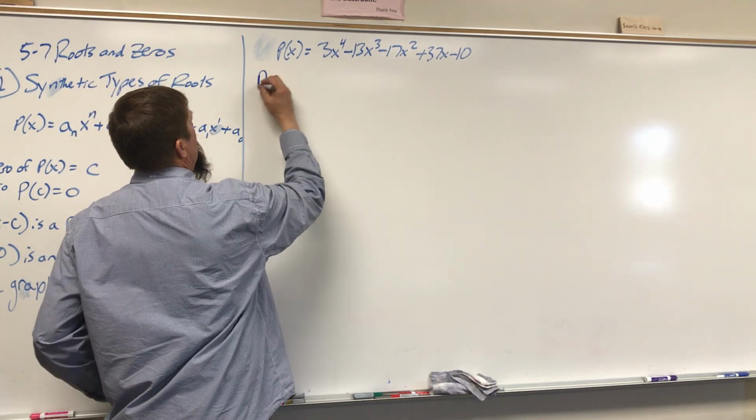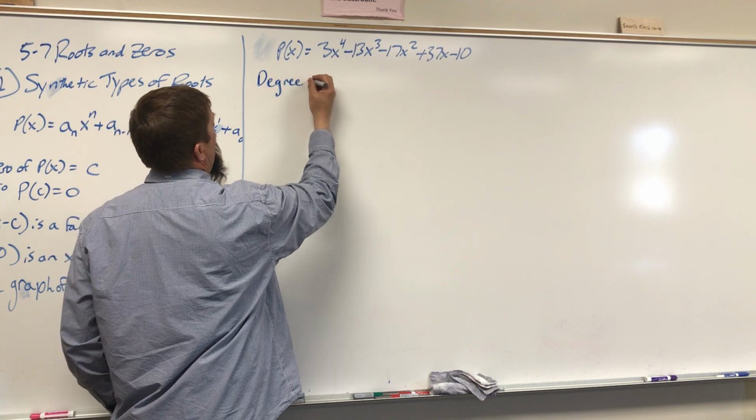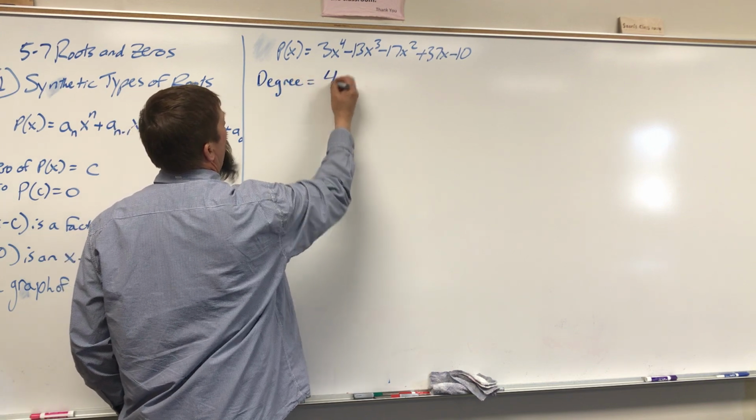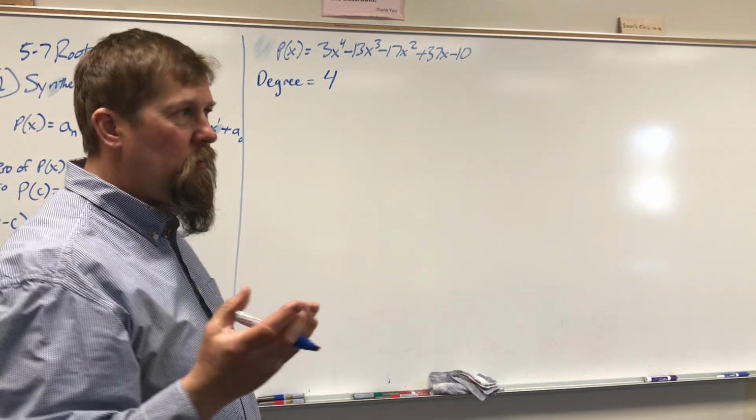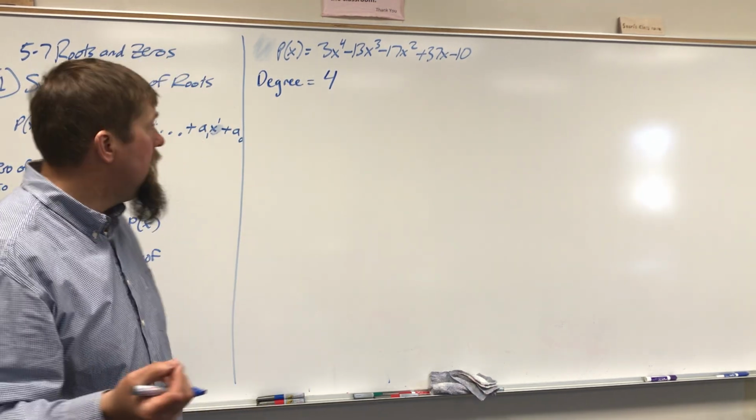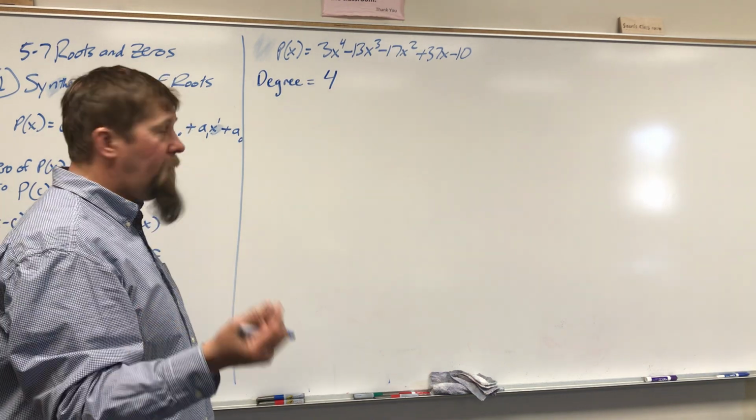First of all, we know the degree of this polynomial is 4. The max number of zeros, as I've talked about already, is 4.